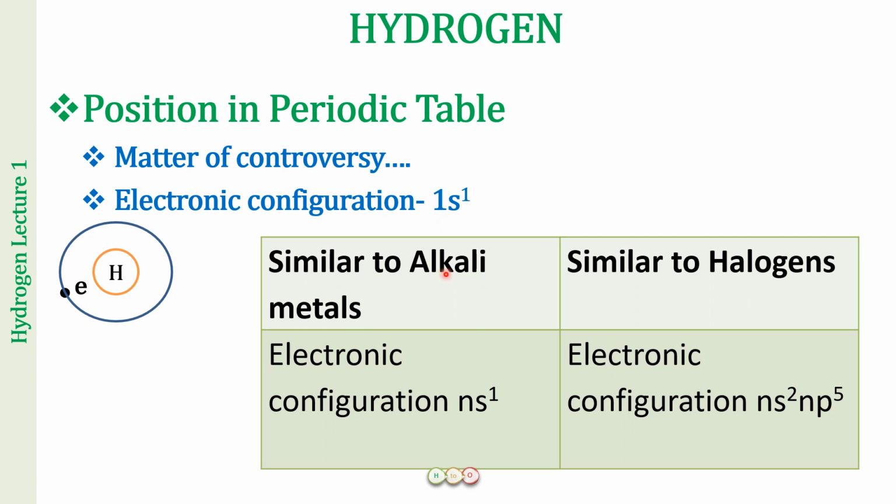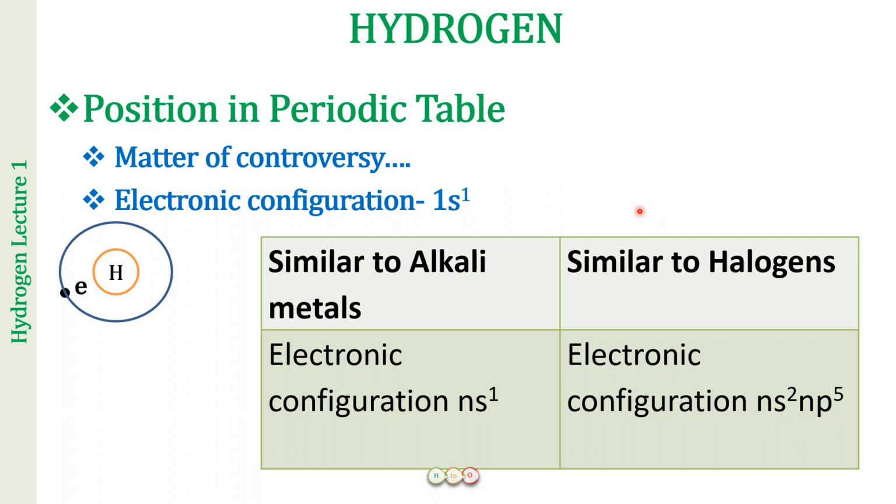But hydrogen also has an electronic configuration similar to that of halogens. Why halogens? Well, halogens have the electronic configuration ns2 np5, so no resemblance. There is a little resemblance. What is that resemblance? Halogens are just one short of the nearest noble gas configuration, that is ns2 np6.